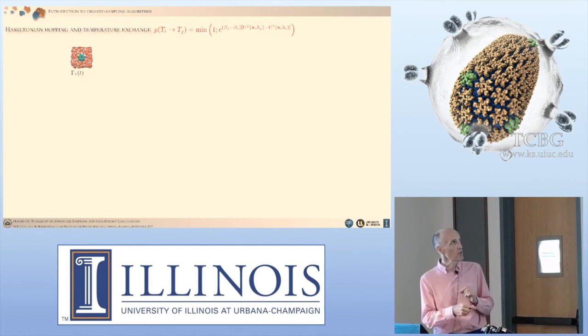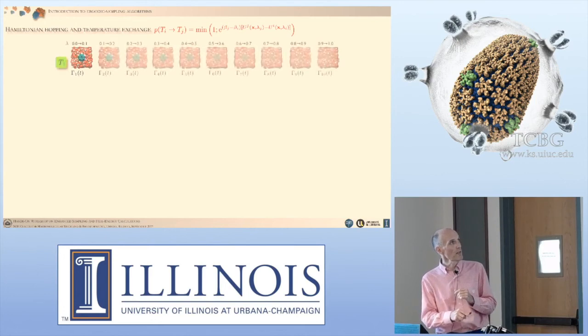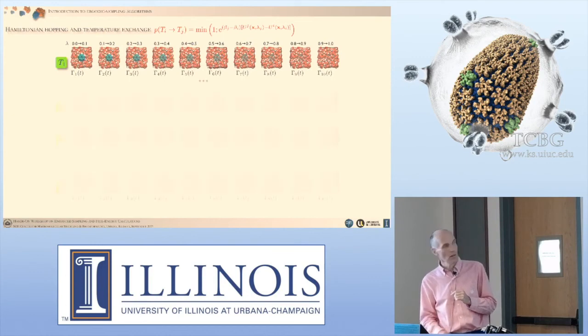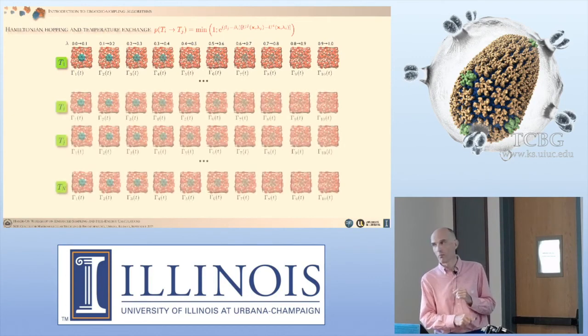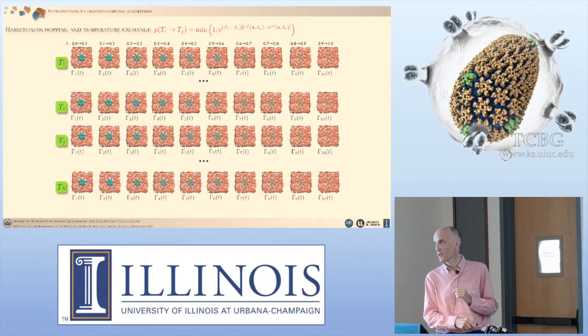So what you can imagine doing is a two-dimensional replication. So you're not just cloning with the lambda states, but you're also cloning in the temperature space. So you're doing replica exchange in lambda space and in temperature space.